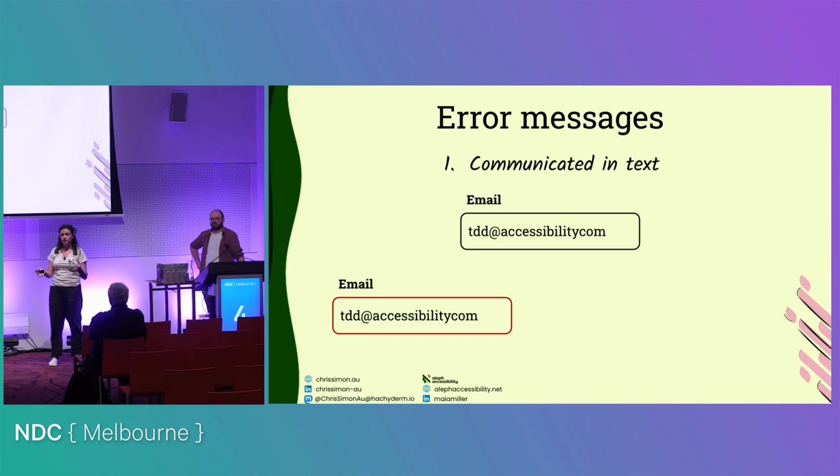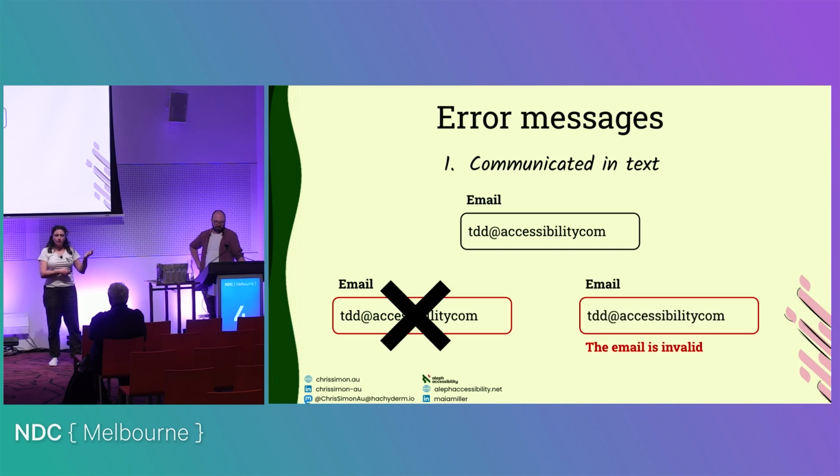We really want to be using color. We just want to be using text as well. So instead of having just that red outline or just that pink background, we want to make sure that we're adding text in addition to that. So in the example we still have that red outline, but we also have text saying the email is invalid. Now you might be saying, okay, well in the browser we had the pop-up that came up that was the text, right?